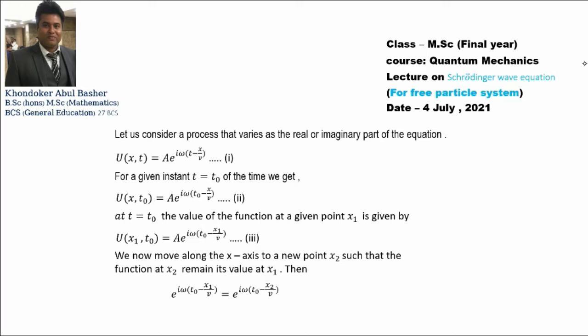Now we move along the x-axis to a new point x2 such that the function at x2 retains its value at x1. Then we get e^{iω(t0 − x1/v)} = e^{iω(t0 − x2/v)}, that is, the function remains at the same value.